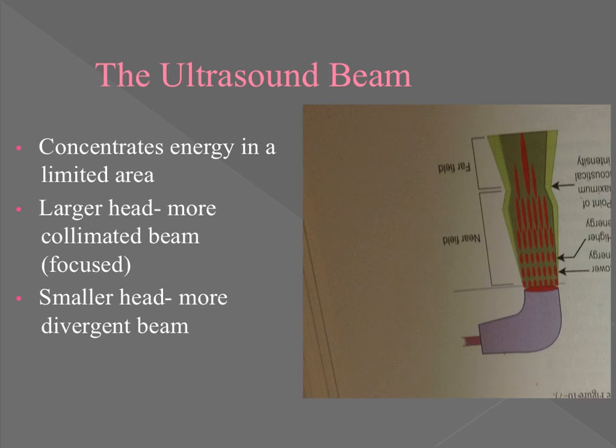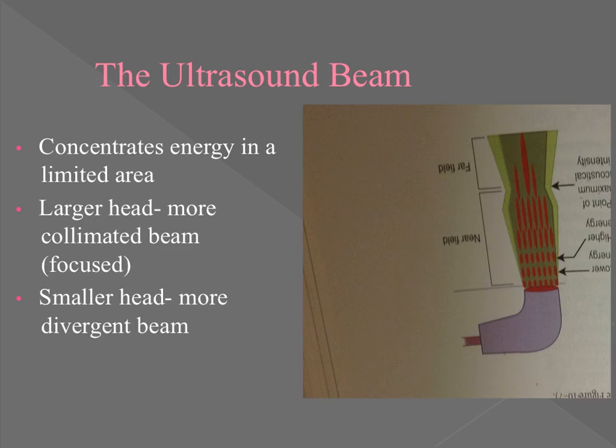Think about this. Think about a water hose. If I have a water hose with a big head on it and I turn up the water as high as it can go, what's going to happen, guys? It's just going to drop down into a beam, right? Think of that as the large head treatment. With a smaller head, if I blast that water, what's going to happen to it? It's going to diverge everywhere. So a smaller head, believe it or not, is going to be more divergent and will cover more of a treatment area. So it's a less focused treatment.